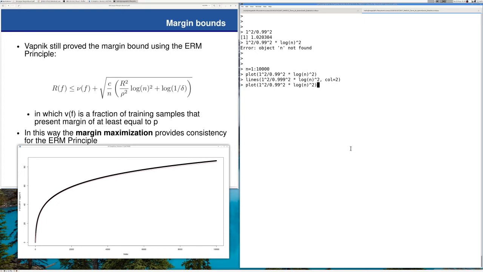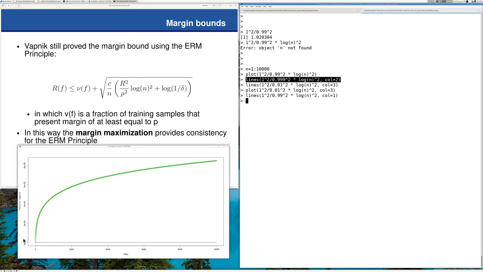But what happens if instead I decide to plot something in green, let's say my rho over here is going to be 0.01 to the square? I cannot see it. It's over here. Take a look. It's going up. I better plot this in green beforehand so I can see it. And now I can plot, using lines, in black, my first function, which would be 0.99 to the square.